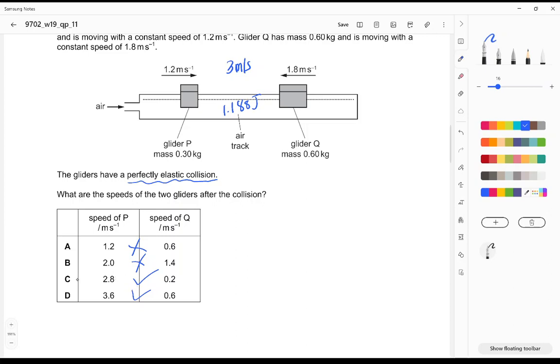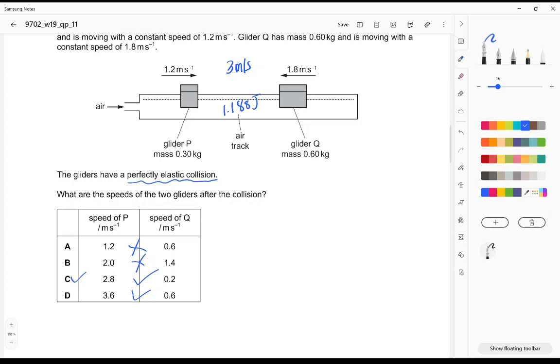So let's just check C first. Immediately after contact, the velocity of P is 2.8. So 1 divided by 2 multiplied by 0.3 multiplied by 2.8 squared plus 1 divided by 2.